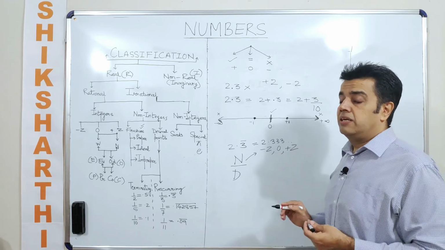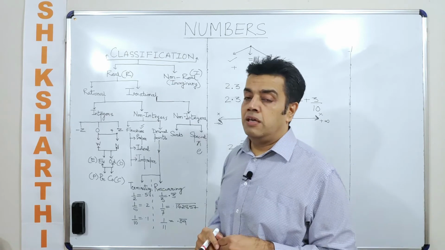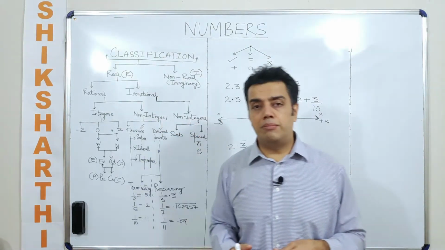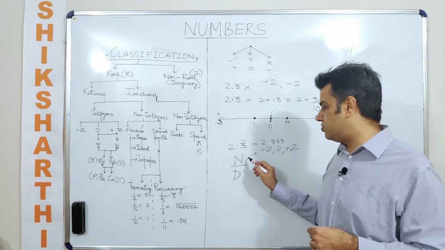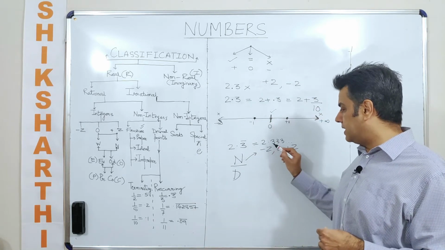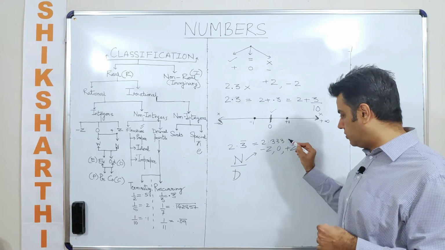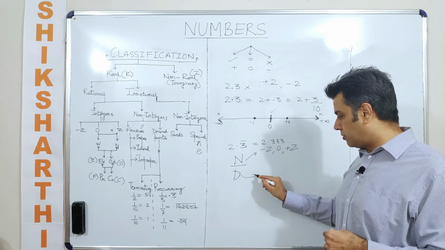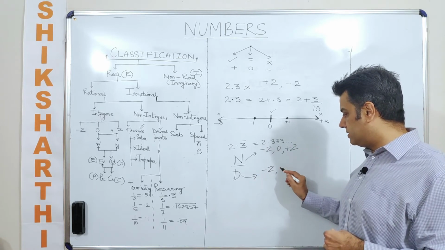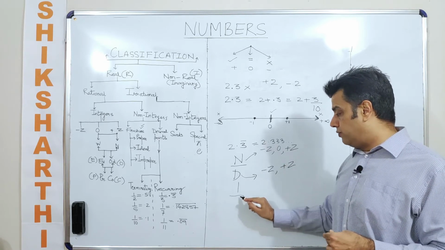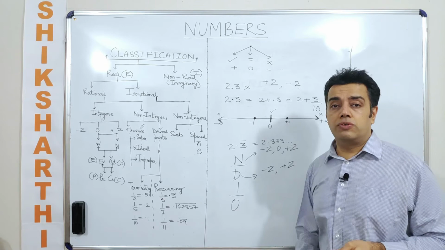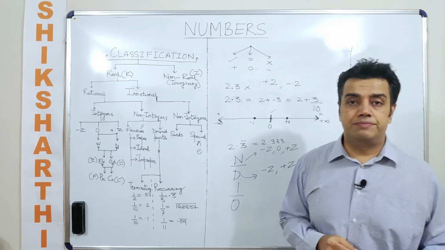I repeat, a rational number is a number which is written in the form of a numerator divided by a denominator such that the numerator is either a negative integer or neutral integer or a positive integer, but the denominator will either be a negative integer or a positive integer only. So if I give you what is 1 by 0, is it a rational number? No, it is not.